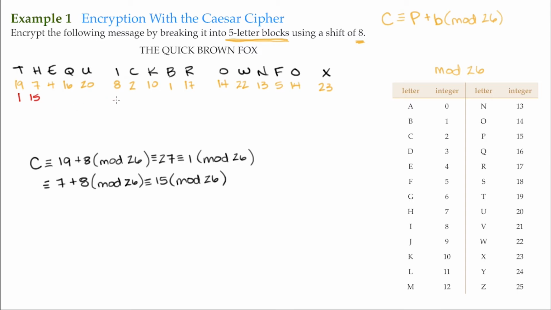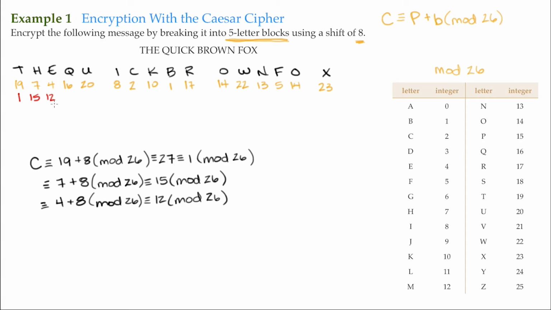And then we do that for each one. For E, 4 plus 8, mod 26. And as you can see, 4 plus 8 is 12. So 12 will be our ciphertext for E.